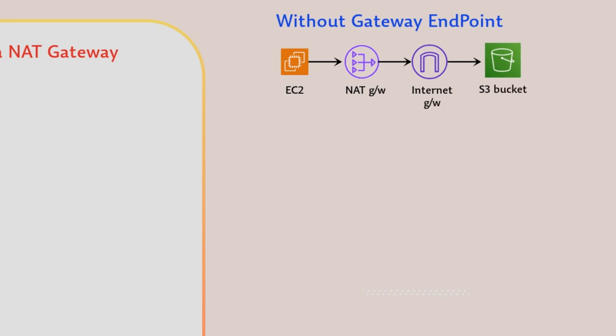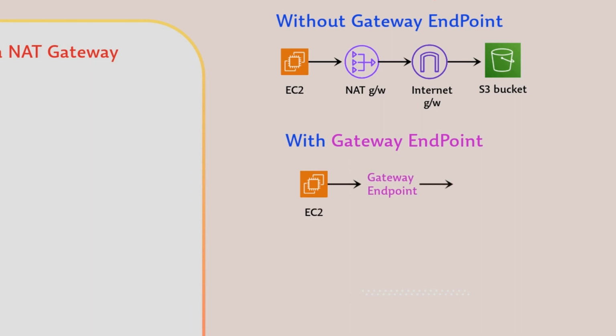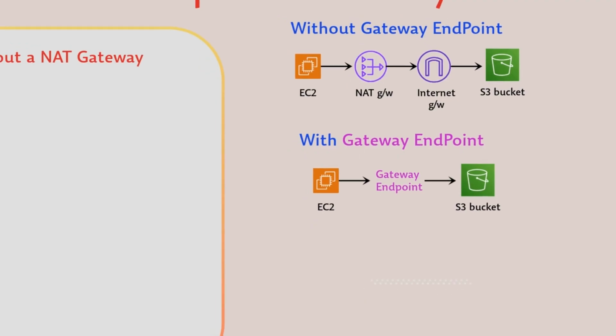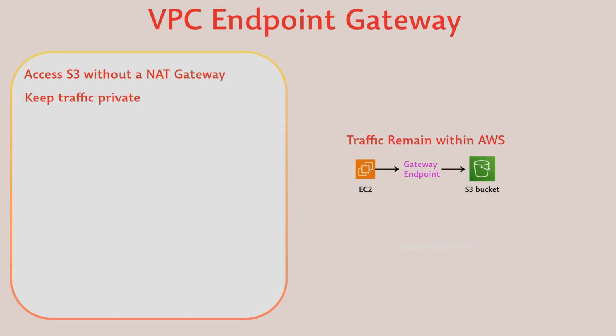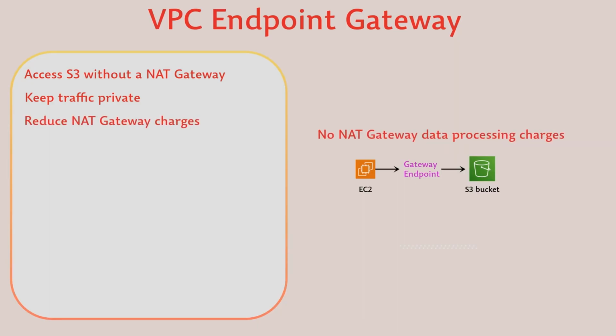But with a gateway endpoint, EC2 goes directly to the gateway endpoint, which goes to S3, which will save the NAT gateway cost. It keeps traffic private. Sensitive data never traverses the public internet. Example, financial reports, customer images, backup files will remain within AWS. It reduces NAT gateway charges.